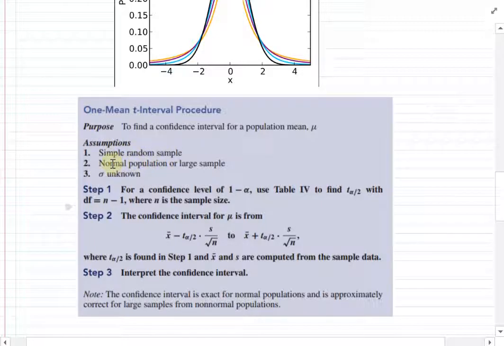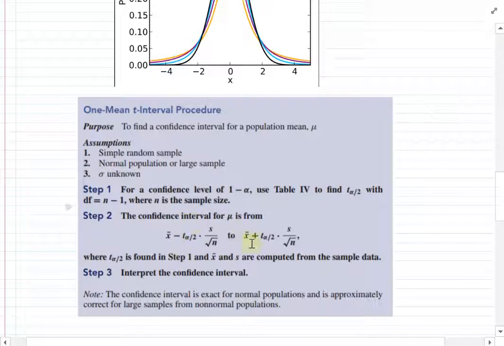The population must be normal or the sample large, and large here means at least 30. And sigma must be unknown here. If sigma is unknown, we're going to use the sample standard deviation for this.